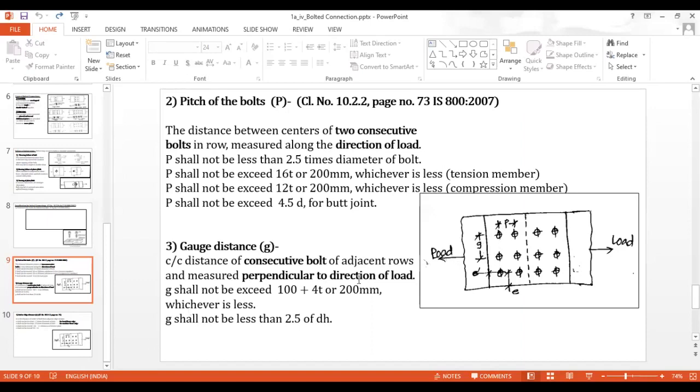This gauge distance shall not exceed 100 plus 4 times the thickness of the member or 200 mm, whichever is less, and it should not be less than 2.5 times the diameter of the hole. One thing one should keep in mind is that for the pitch distance we use the diameter of the bolt, whereas for the gauge distance we use the diameter of the hole.